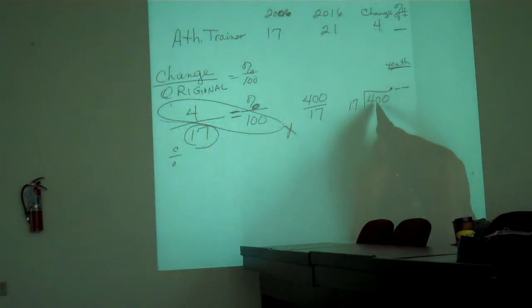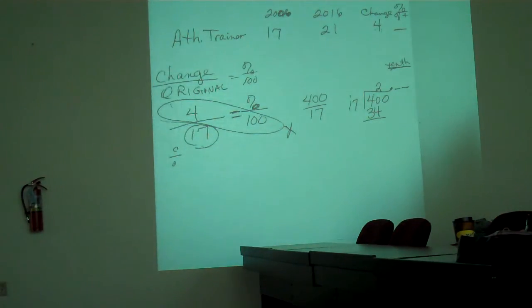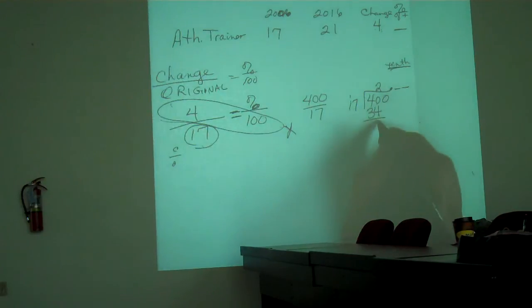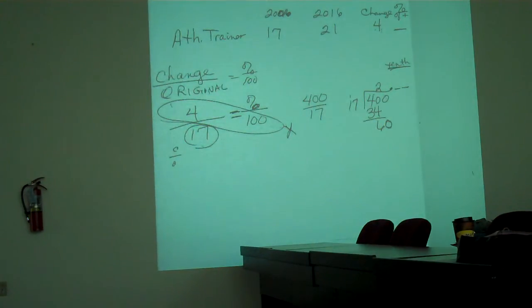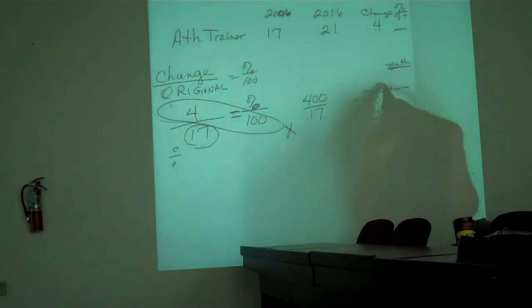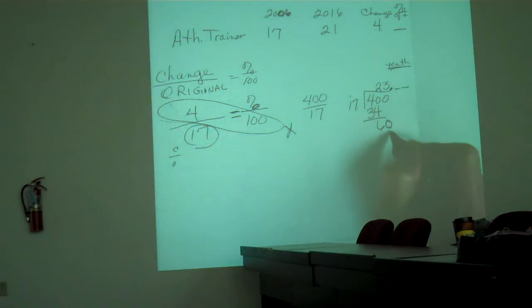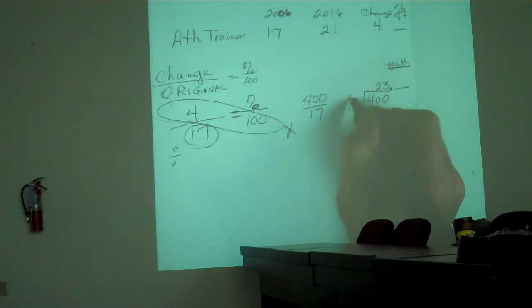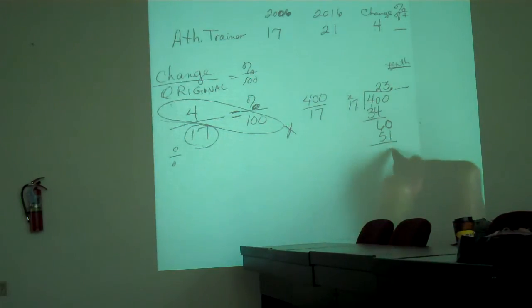First 17 into 40, 2 times. 2 times 7, 14. So that's 34. 40 minus 34, 6. Bring our 0 down. So 3. 3 times 7 is 21. 3, 4, 5. You have 9 left over.